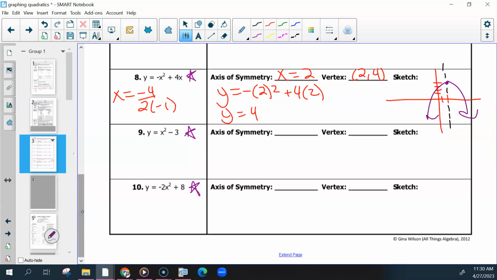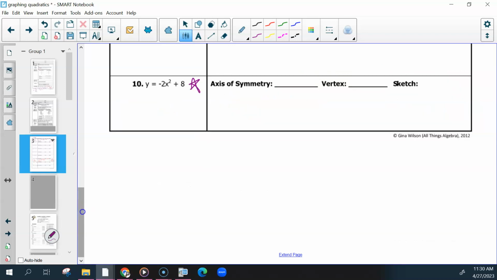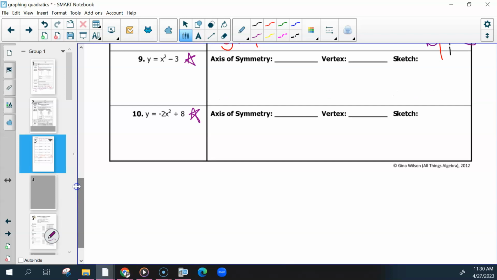What's different about that one? There's no B, so let's see if that does anything different. When you find your axis of symmetry, what would that be? If we don't have a B, you have to put in 0.